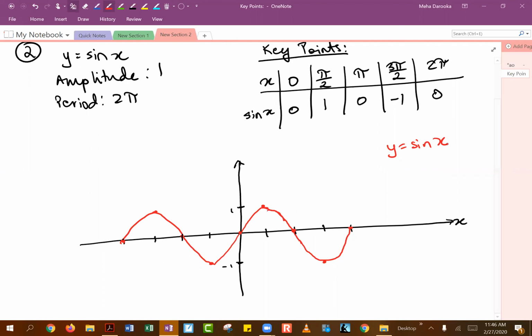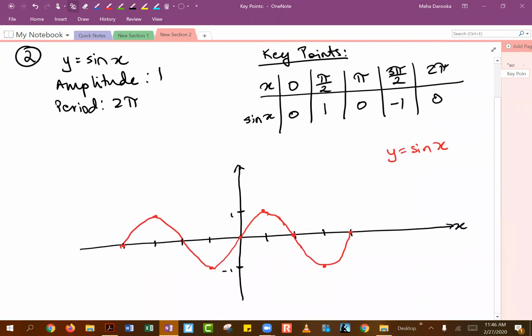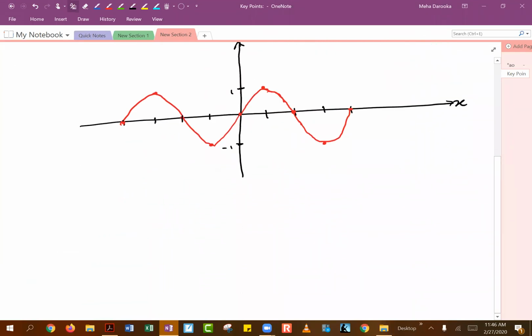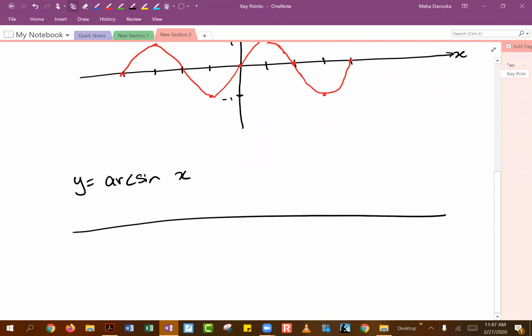Now think about this. How are you going to graph the arcsine of x? Very nice. Yeah. So for y equals arcsine of x, interchange your x and y values.